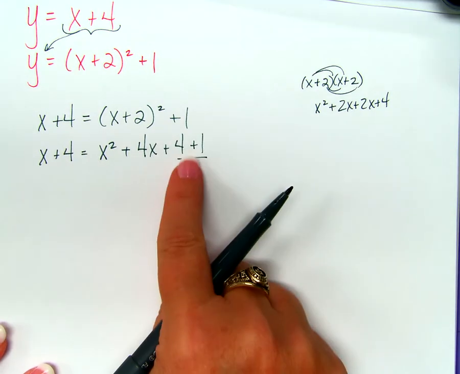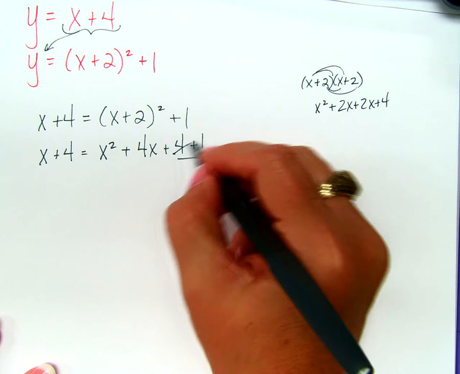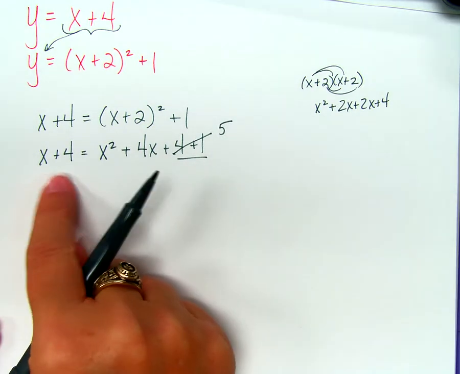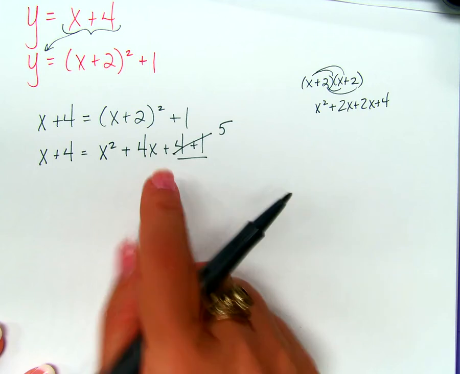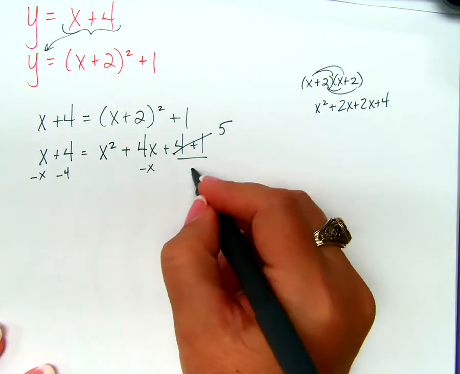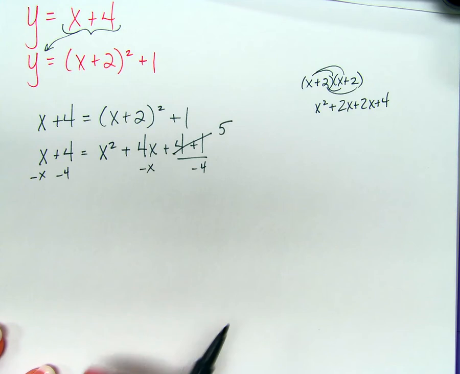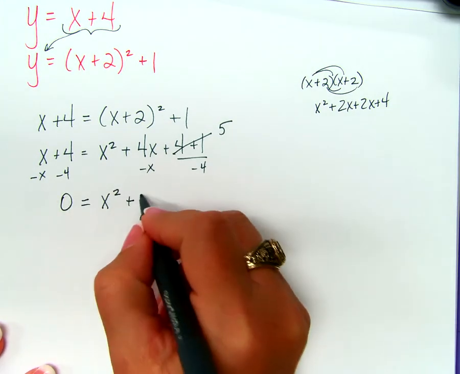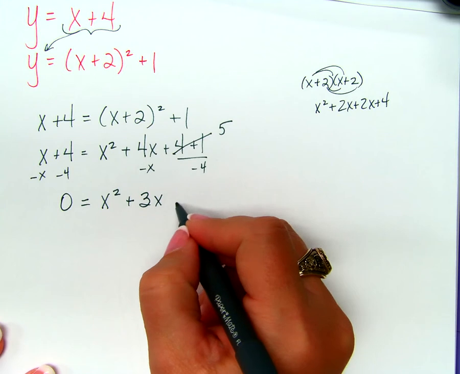So that's going to be what? 5. Okay? That's 5. Now can I subtract the x and the 4? If I subtract x here, and I subtract it here, and I subtract 4 here, and subtract 4 from that, right? So 0 equals x squared plus 3x plus 1.